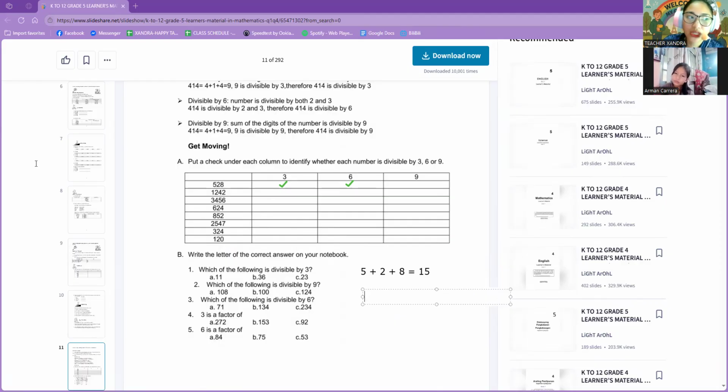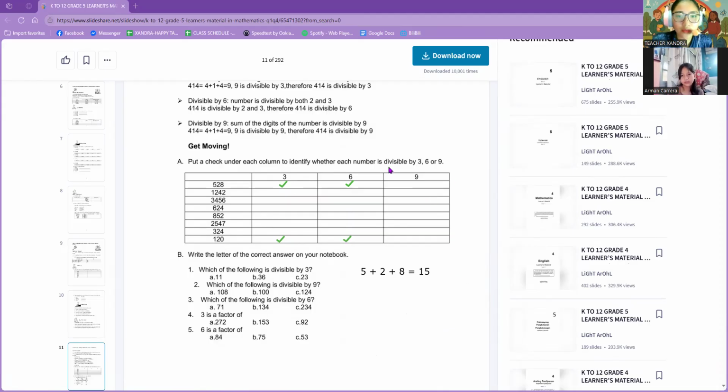Divisible by 3, yes or no? Yes. How about 6? Why? Is 0 an even number? It is a part of the even numbers. And then, yes, you answered here divisibility by 3. So it is divisible by 6.